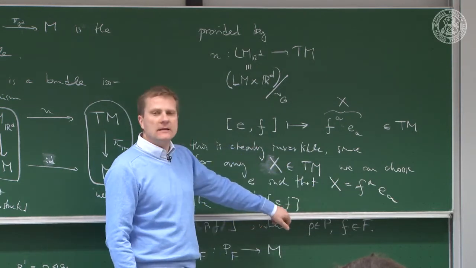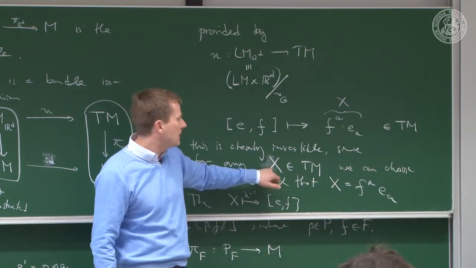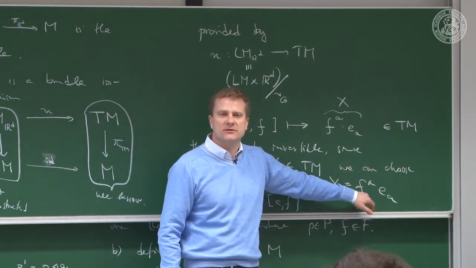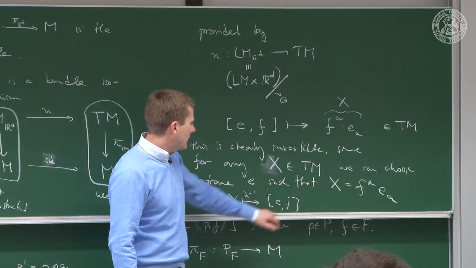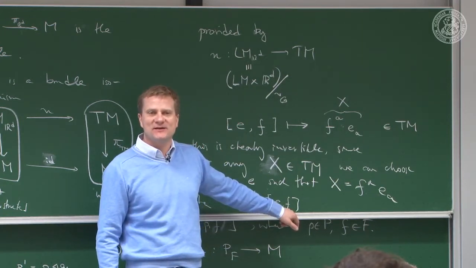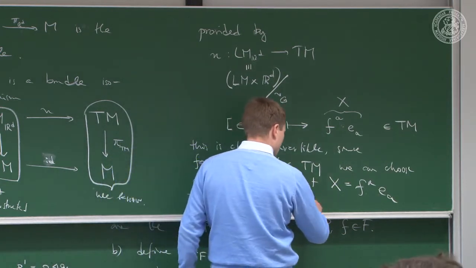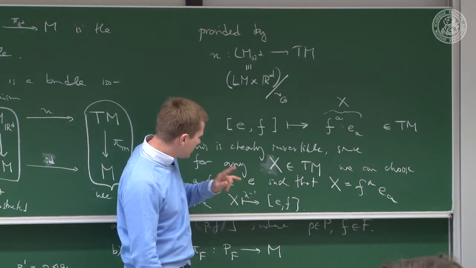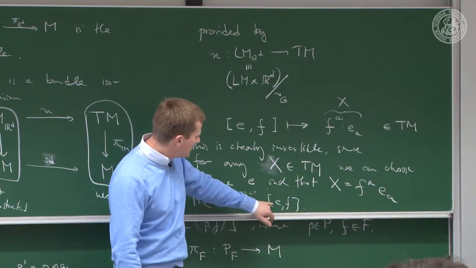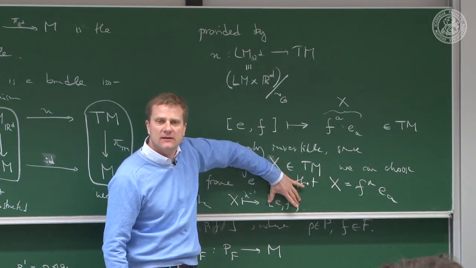Okay. Now you worry because you made a big choice. You made the choice of frame in order to decompose the vector into components. However, the choice of frame you have is a GL(d) transformation. So if I associate with x the pair E, F, not the equivalence class, but the pair, this would depend on my choice of frame.